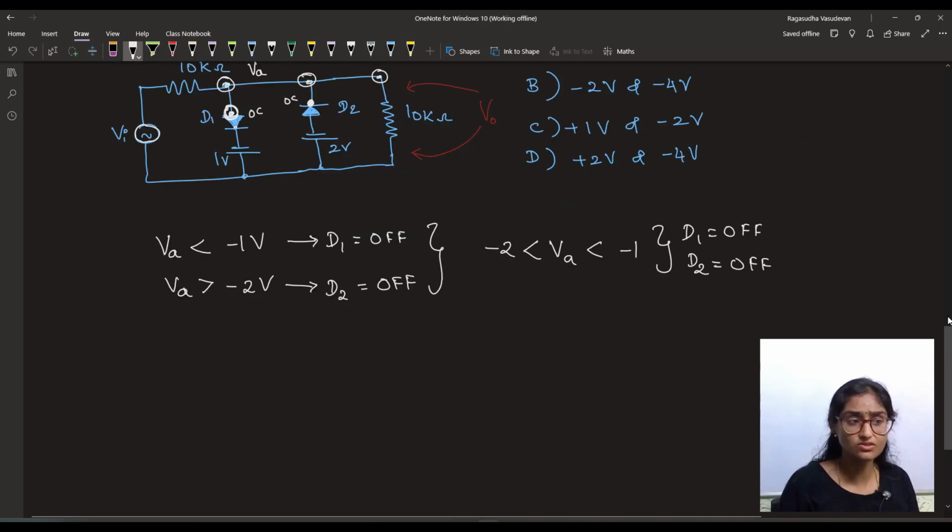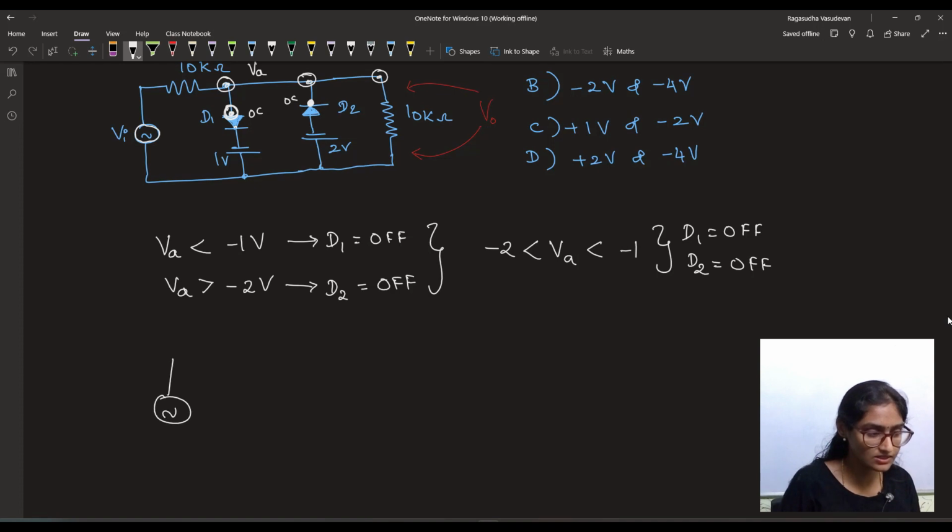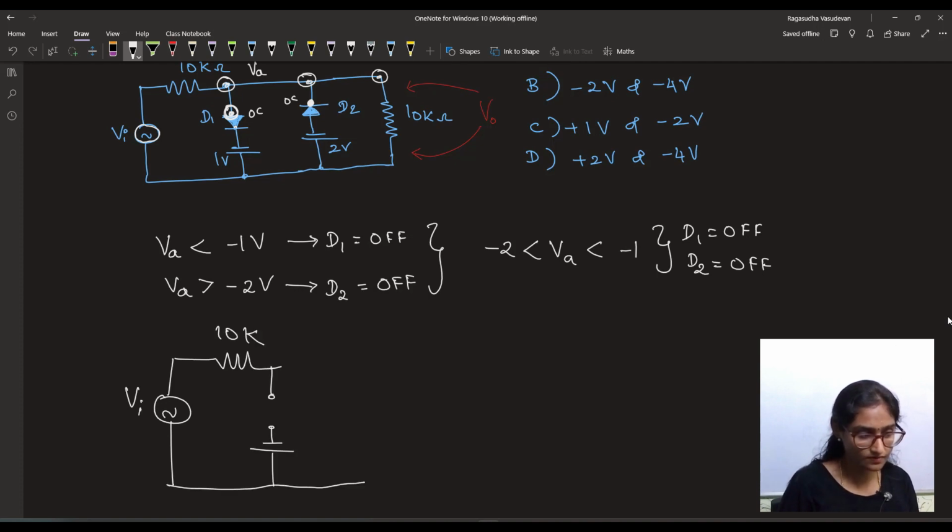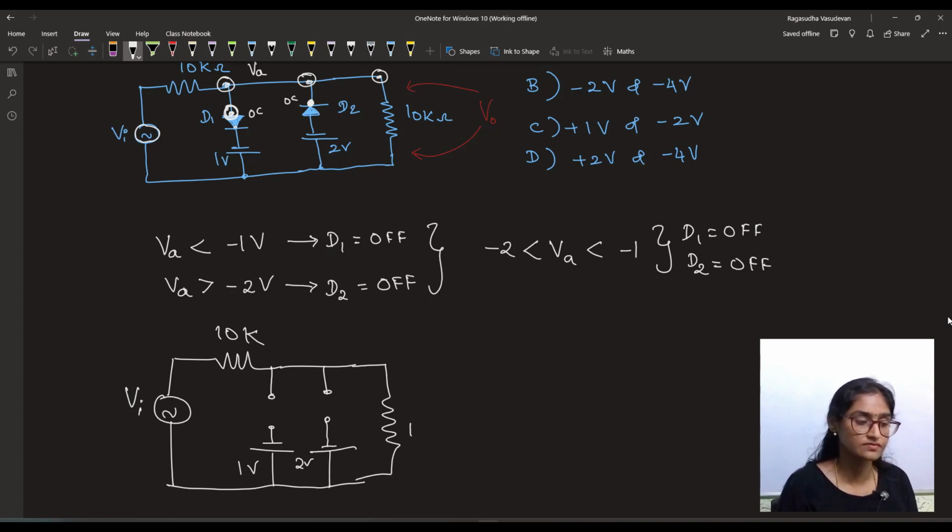So when both these diodes are off, what will happen? You will have a series sinusoid Vi, which is in series with a 10 kilo ohm. Diode D1 is off, D2 is also off, so I am replacing both of them by open circuits. Then you have a 10 kilo ohm.